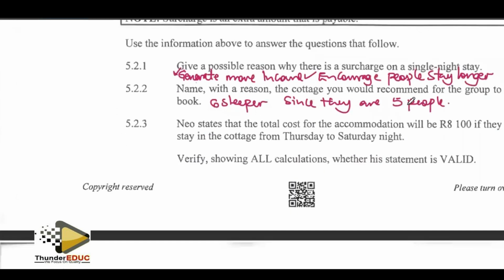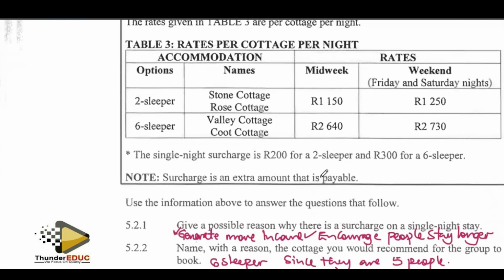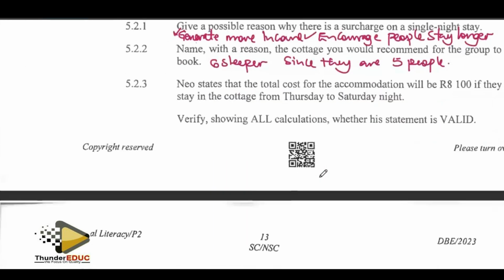Okay. We look at this. If they took the 6 sleeper from Thursday, that means midweek. Midweek they pay for Thursday, then Friday, Saturday. Thursday they pay 2,640.